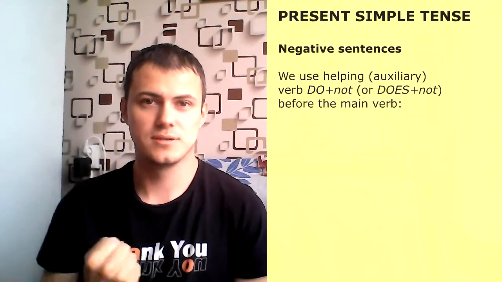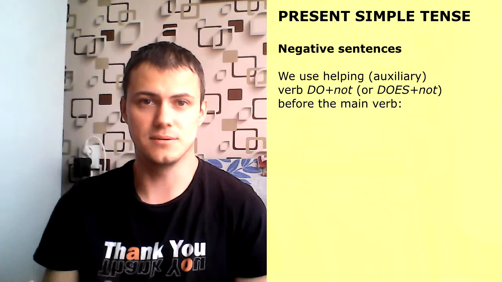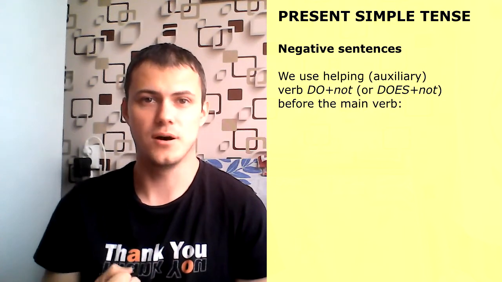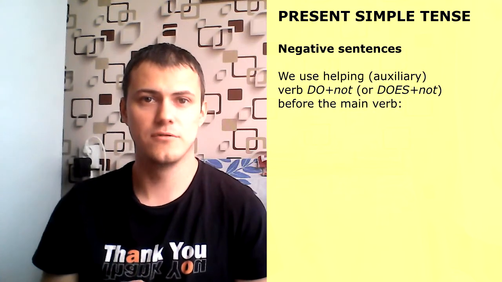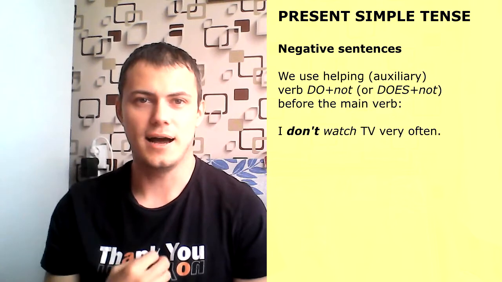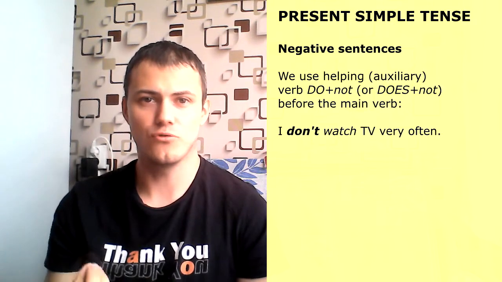Please notice that in negative sentences with the present simple tense, we should use the helping or auxiliary verb do. For example, I do not watch TV very often, or I don't watch TV very often.